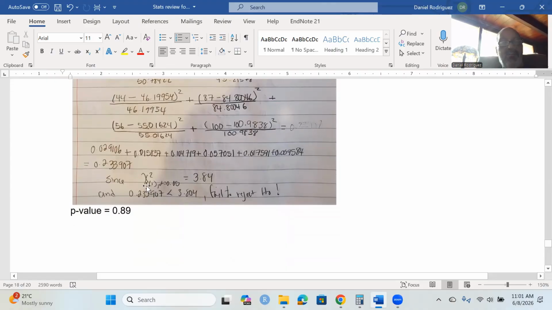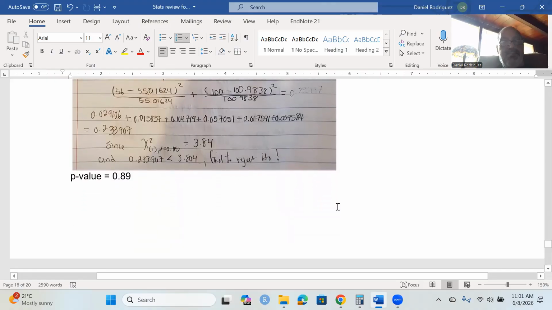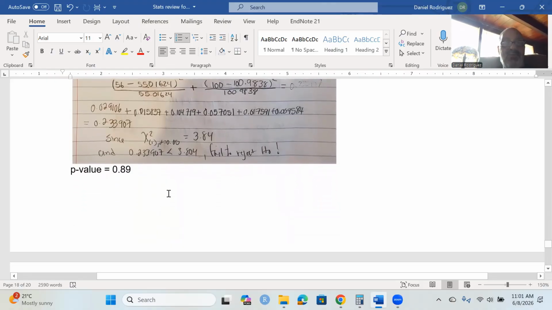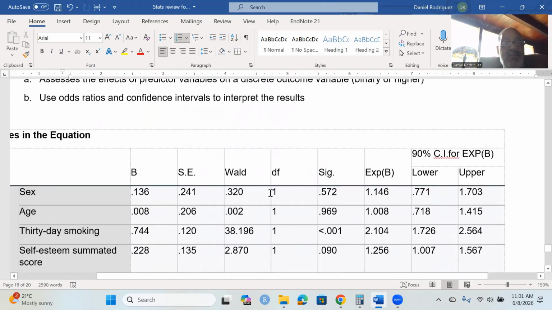It didn't really matter because this calculated value is much smaller, so we'd fail to reject. And this p-value is 0.89, which is way larger than 0.05.